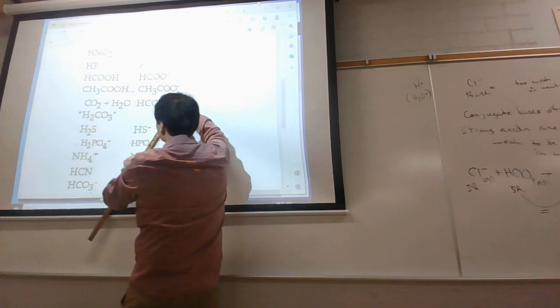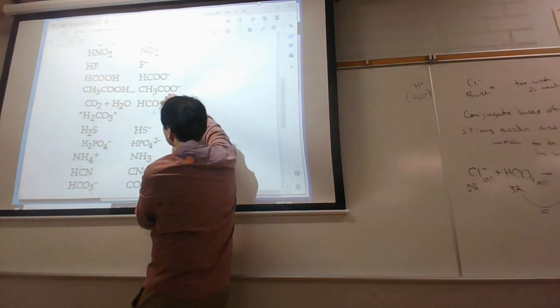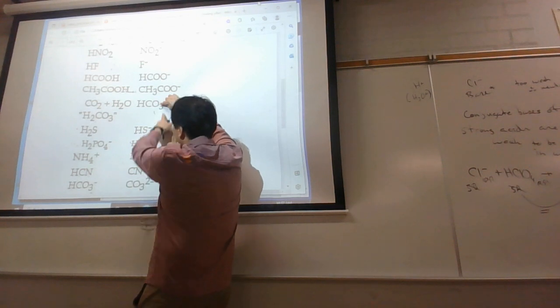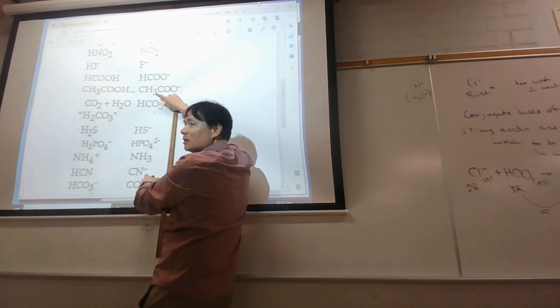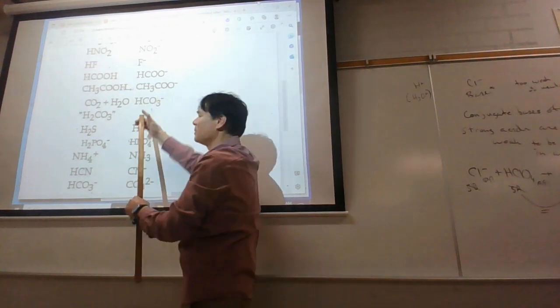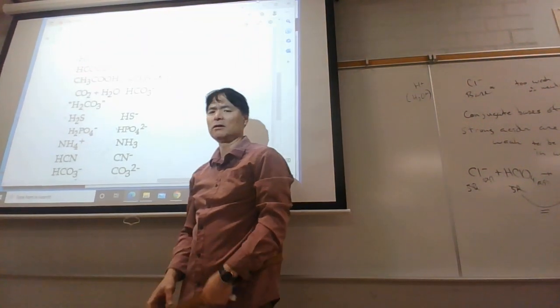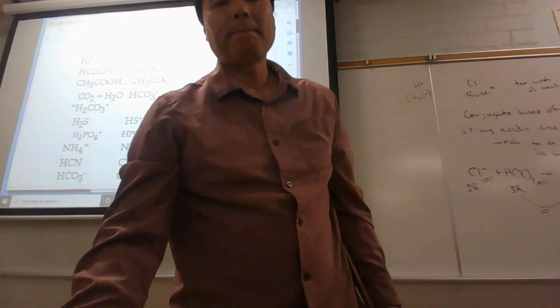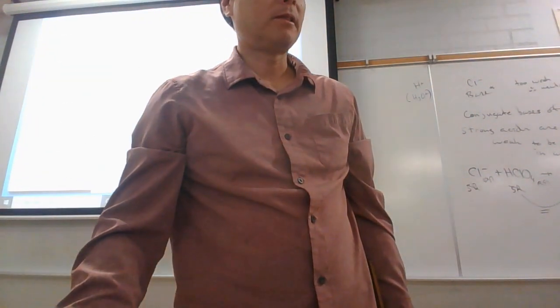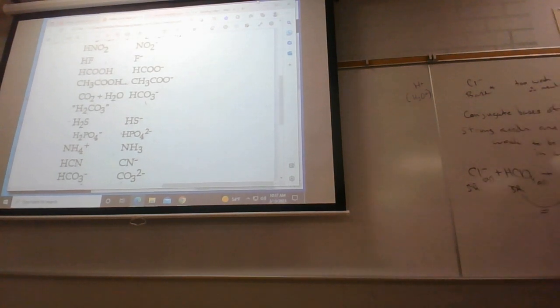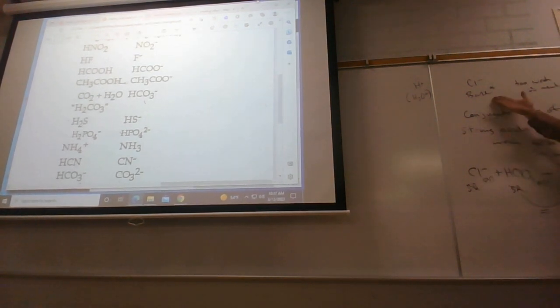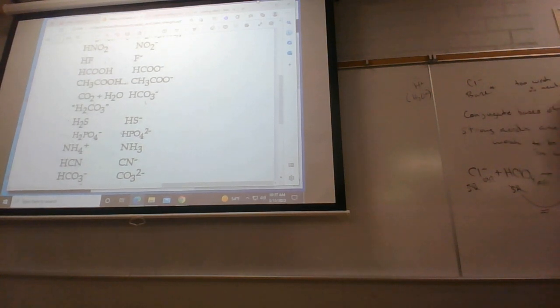And then the same thing with bases. In terms of bases, we're going to go from bicarbonate to cyanide. Cyanide is a much stronger base than bicarbonate. So this is uphill. This is not favorable. So getting back to chloride, chloride as a base is pretty much neutral.